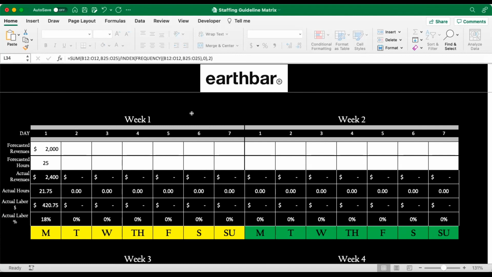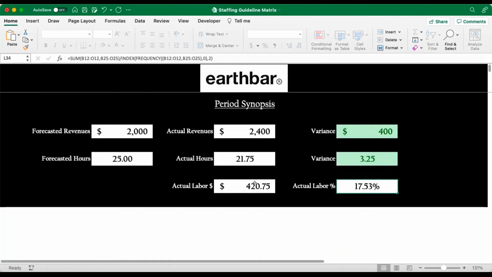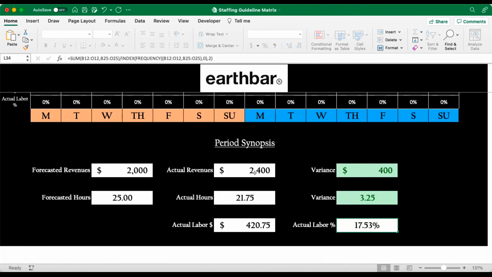Thank you, Garrett. The goal was obviously to make it easier for you guys, and so that you can be accountable for your own store and see where your labor is. The good thing about this particular sheet is that at the very bottom you can see where you are. I know at the end of the period, you're always looking at me, how did I do in my P&L?